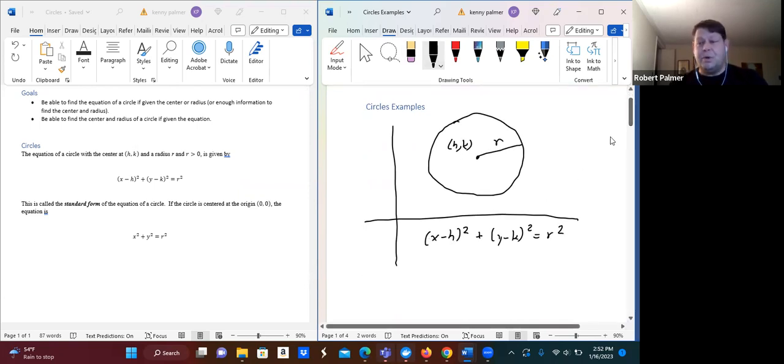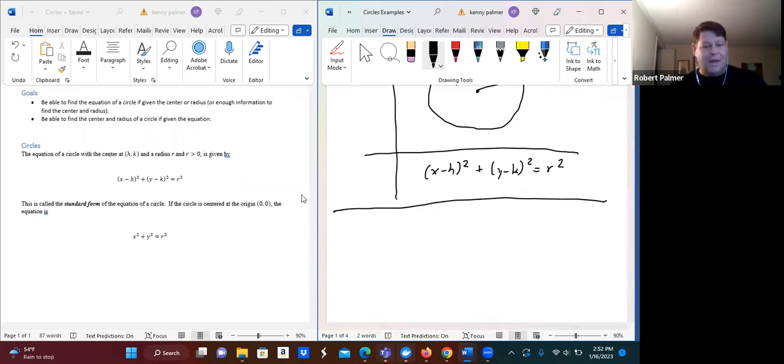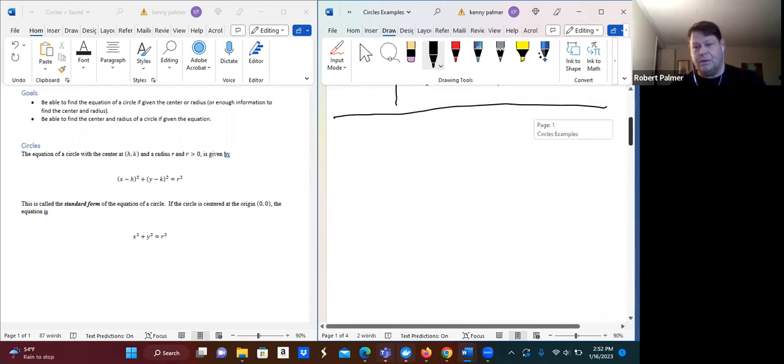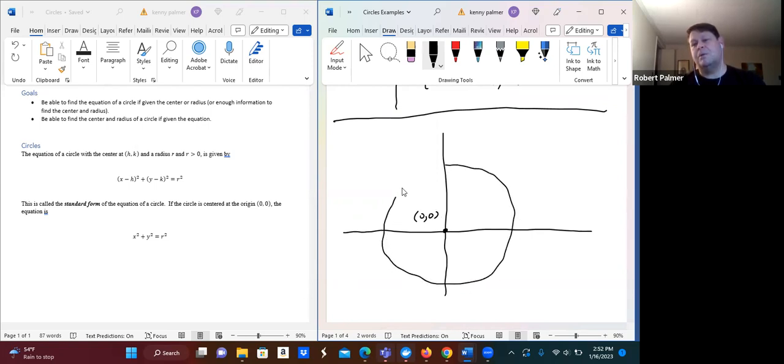Now, if you're in a situation where your circle is at the origin, then it just reduces this equation because essentially then h and k are both 0. So let's take a look at that really quickly. Let's say you're at the origin. Here's our center, (0, 0). And let's just say we have a circle like this.